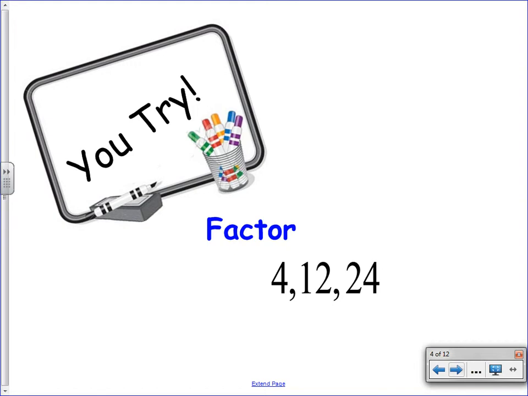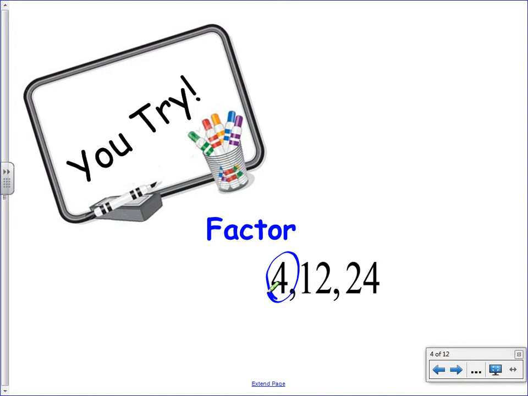Yeah, you're always going to look at your smallest number. My smallest number is 4. So I know it will either be 4 or it will be a factor of 4. Okay? So that's kind of a strategy.